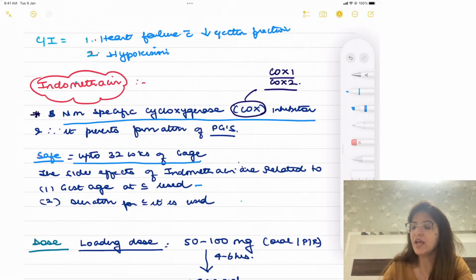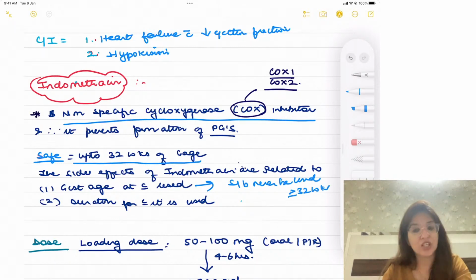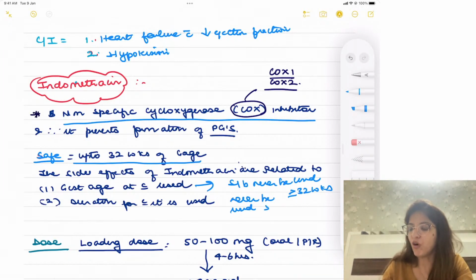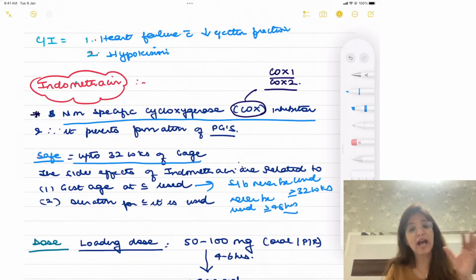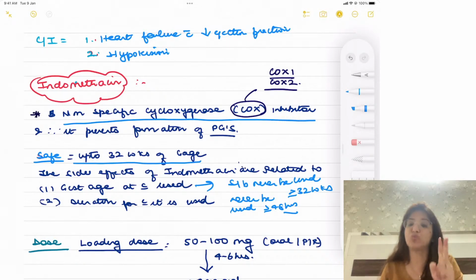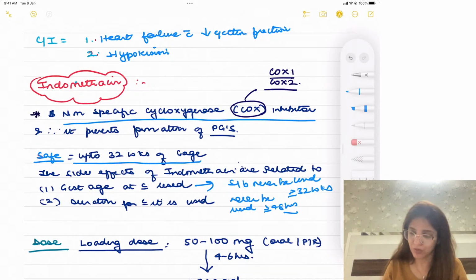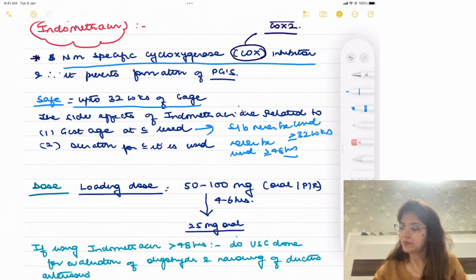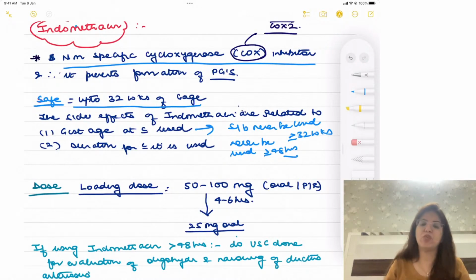That is why indomethacin should never be used beyond 32 weeks of gestation, and never for more than 48 hours, right?